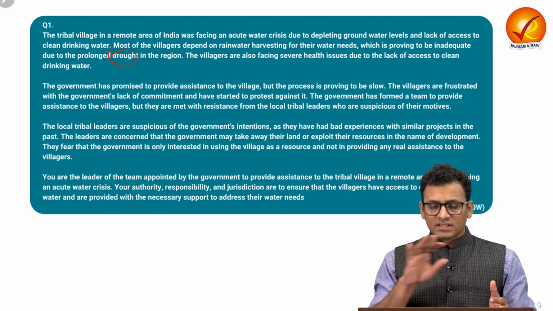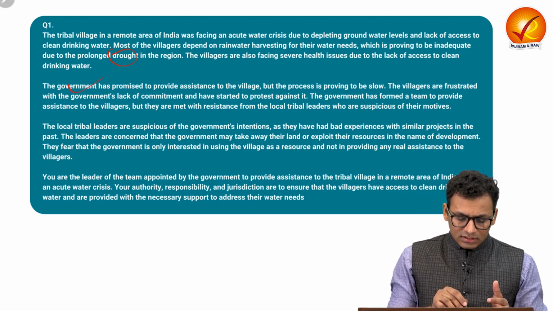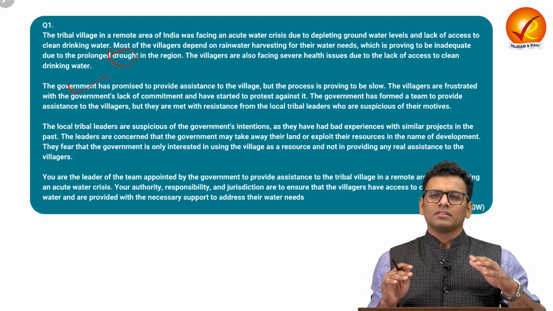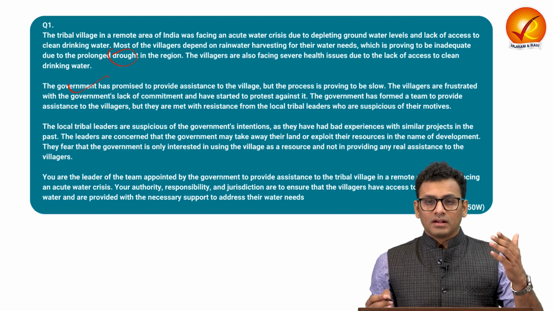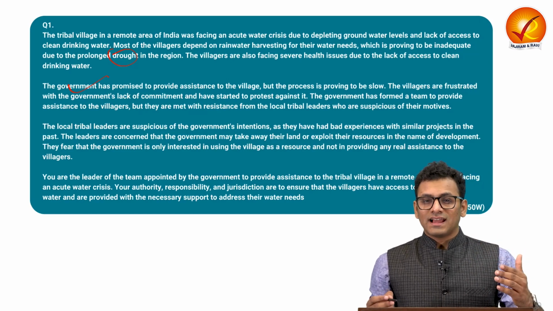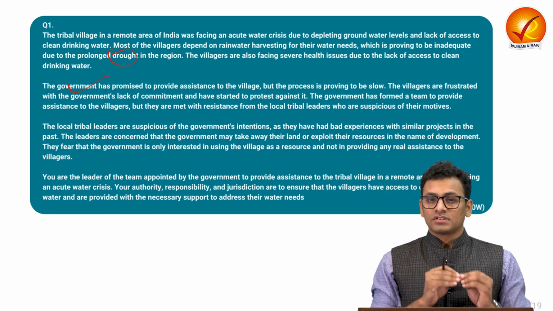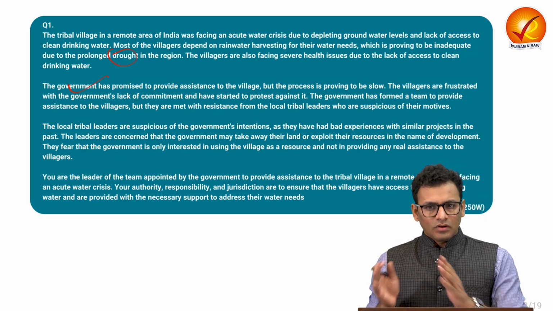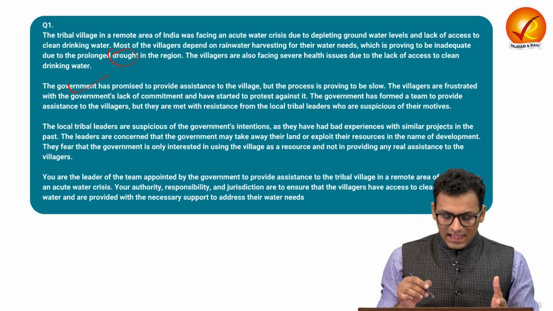Now, because of such issues, the government understood that there is a possible solution, so they promised to provide assistance, but that promise was not being realized. The process was slow, and because of that, the villagers protested against such lethargic action.